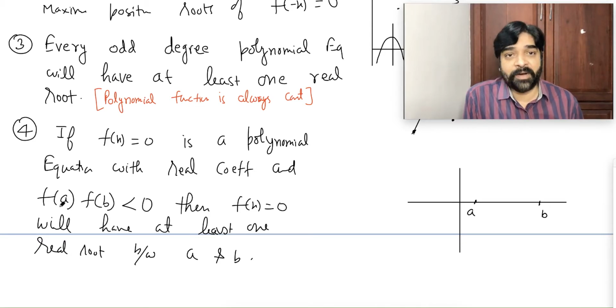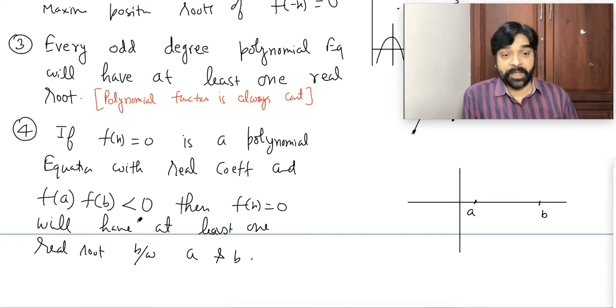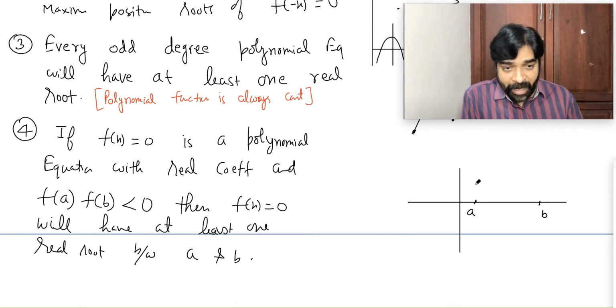It means the signs of f(a) and f(b) are opposite. If f(a) is positive, then f(b) will be negative. And if f(a) is negative, then f(b) is positive.